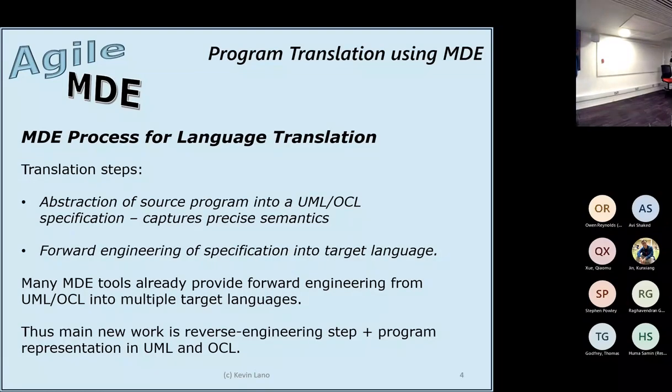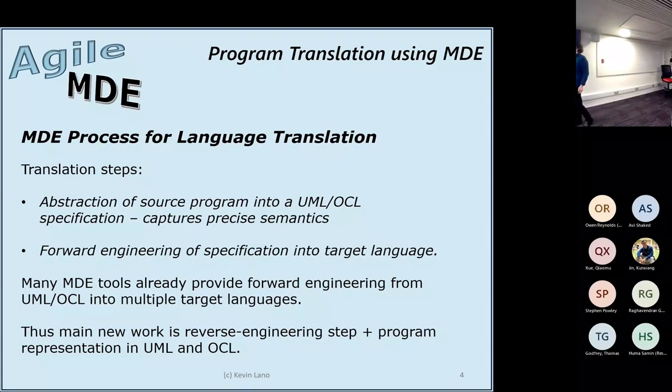So the translation step, first of all, abstracting the source program, in a way that, as far as possible, tries to capture the precise semantics of the code, because ideally a business would want to convert the original functionality into a modernized version, but with the same functionality.